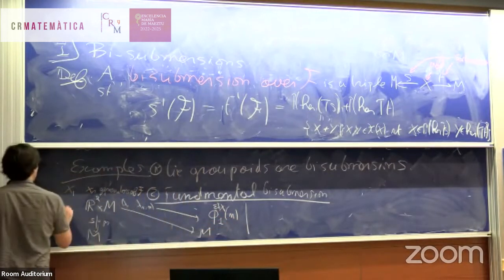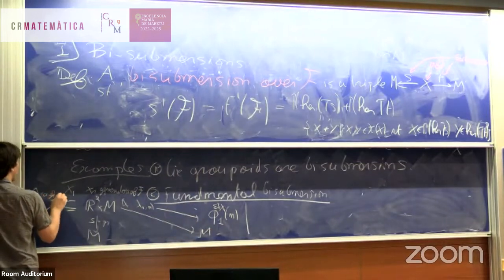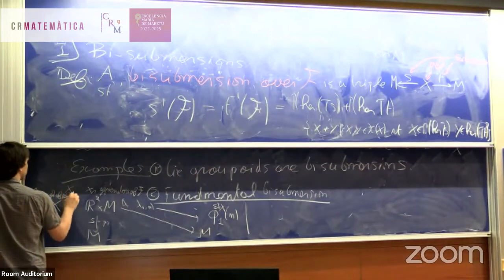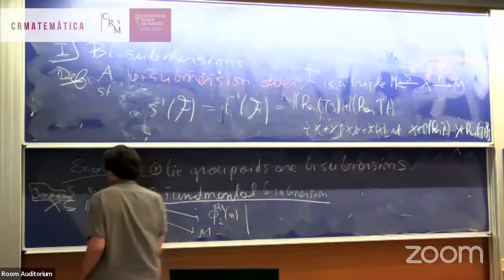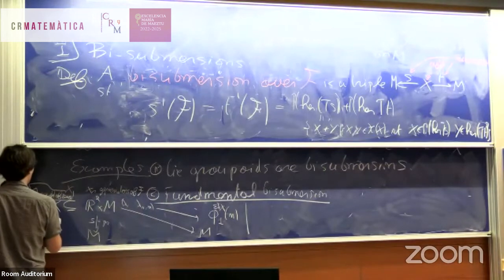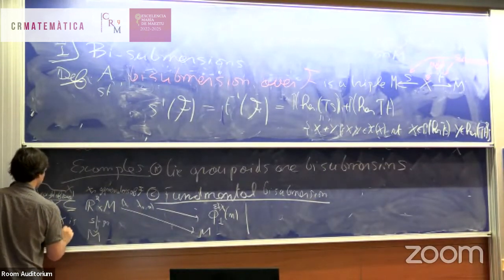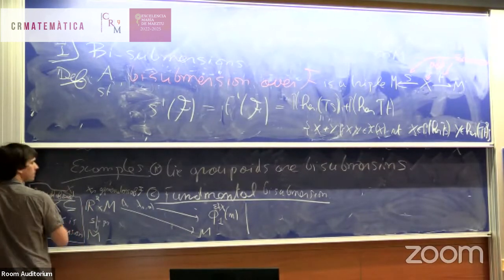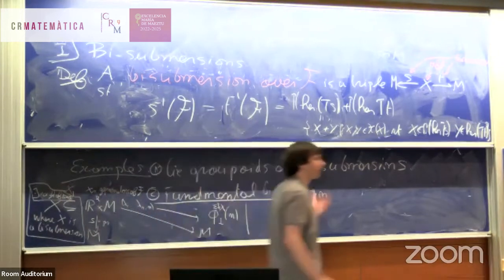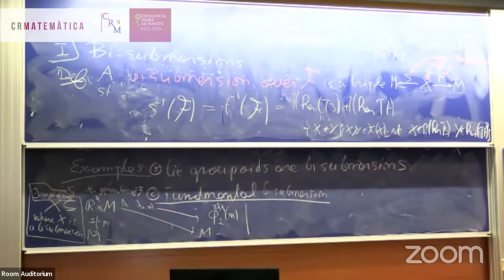That's not a submersion, but there exists a neighborhood of 0 where it is a submersion. There exists a neighborhood of 0 where X is a bisubmersion. It's called the fundamental bisubmersion. They call it the chart, in fact, but just rename it the fundamental bisubmersion.